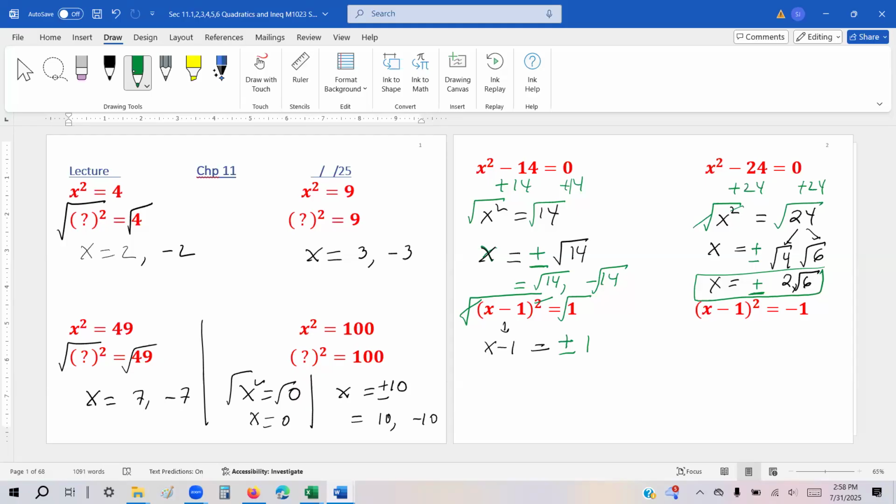What is our next step to get back the 1? Plus 1. So we add 1 to both sides. That means you have two things: 1 plus 1, or negative 1 plus 1. Two answers.